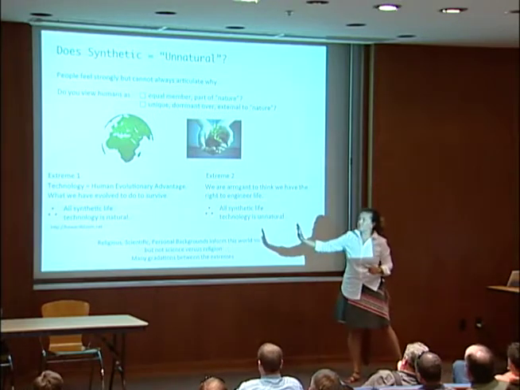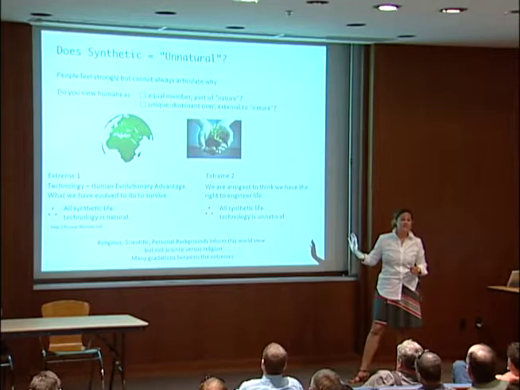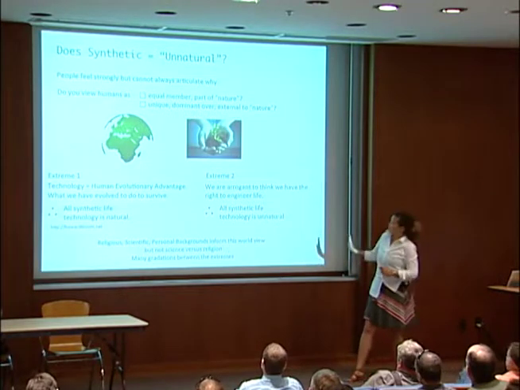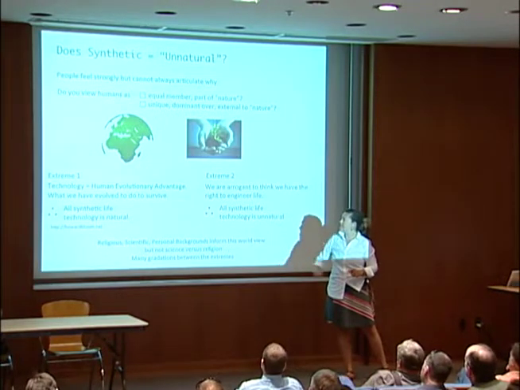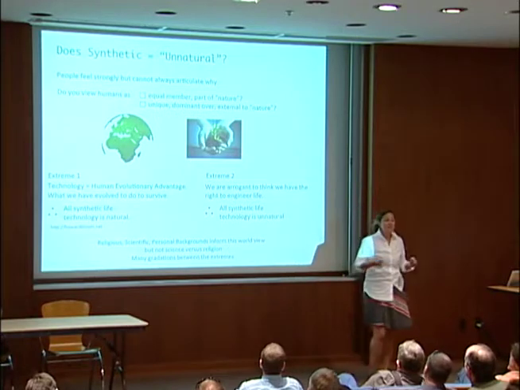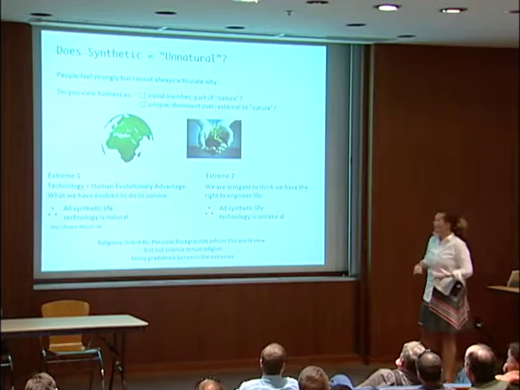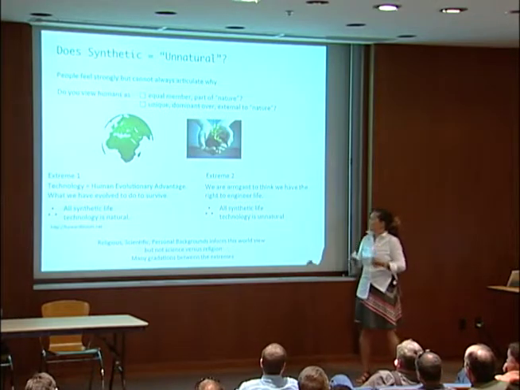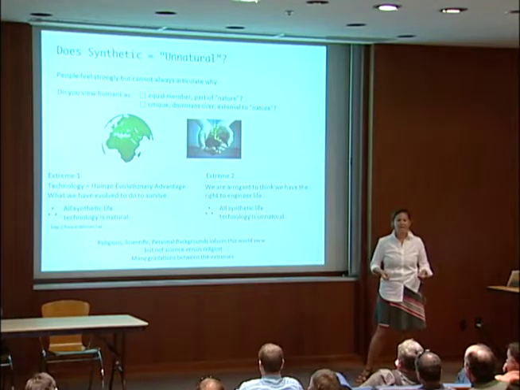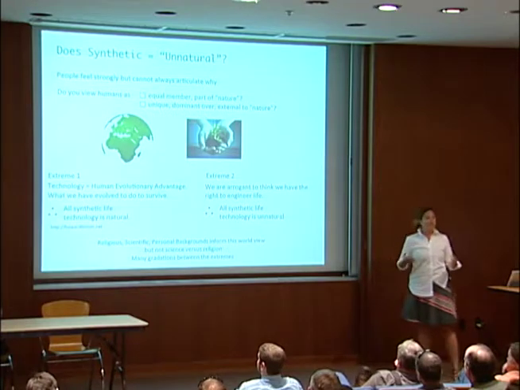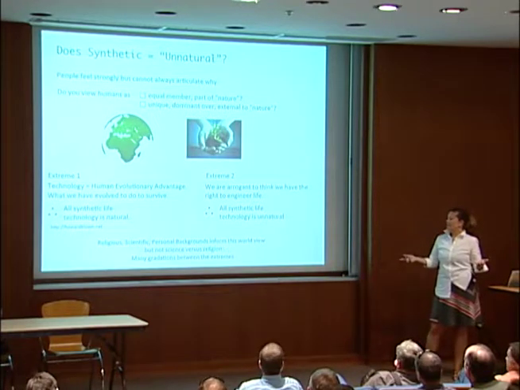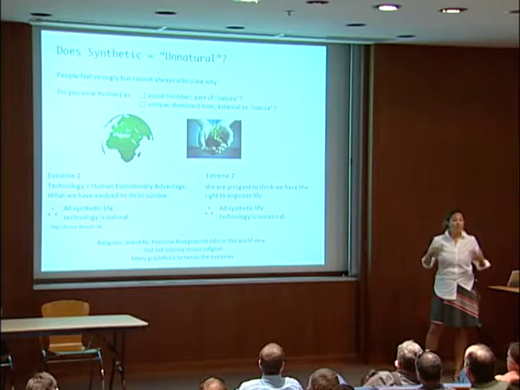So there are two extremes to this argument. They go something like this. One extreme might say technology is humans' evolutionary advantage, right? It is our biological advantage. It's what we've evolved to do to survive, right? And so therefore, all synthetic life technology is natural because we're part of nature.